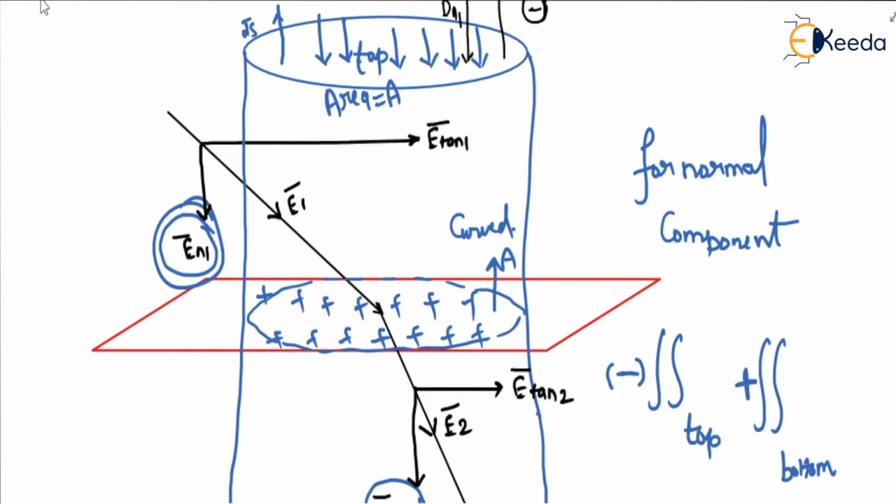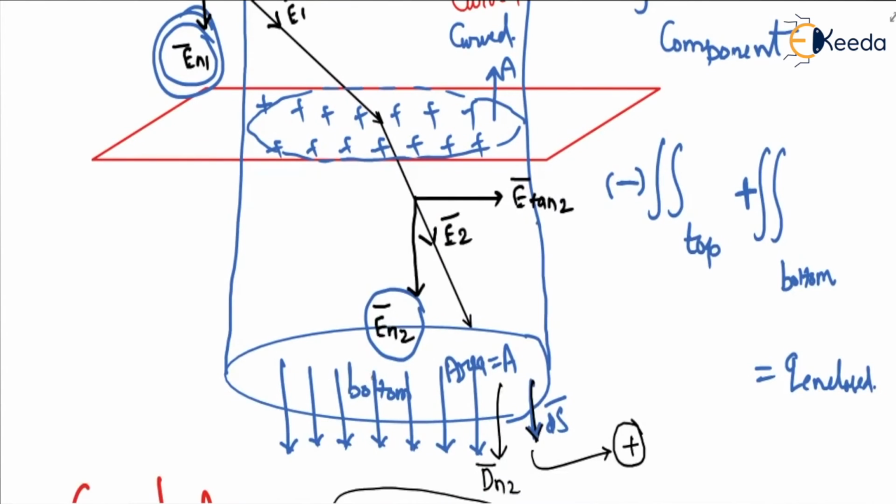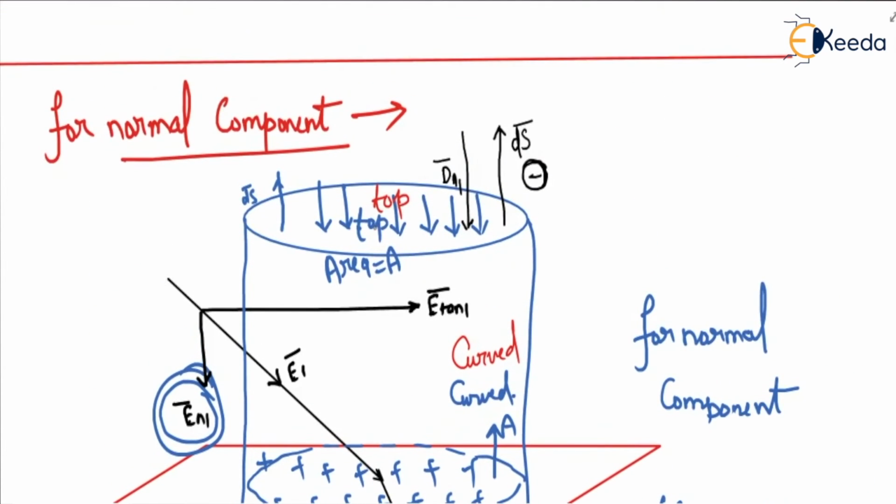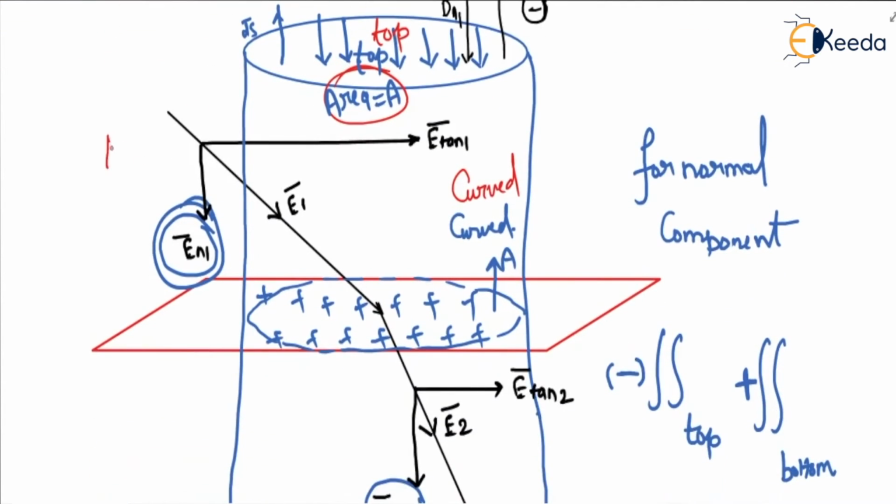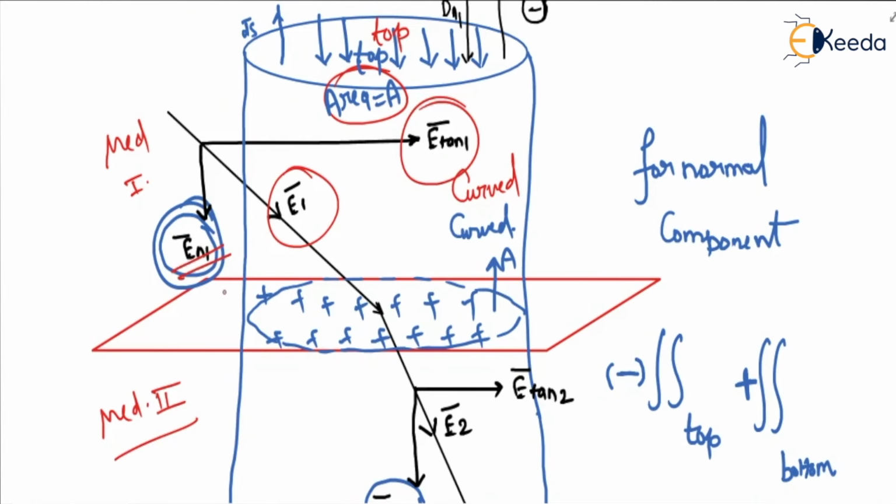So here we are assuming a cylinder as a closed surface, and the cylinder consists of three surfaces: this is the top surface, this is the curved surface, and there is one more surface, the bottom surface. Let the area of the bottom surface be A, then the top surface will also have the same area A. This is here medium 1, and this is medium 2. This is the electric field E1, which has two components, Et1 and En1.